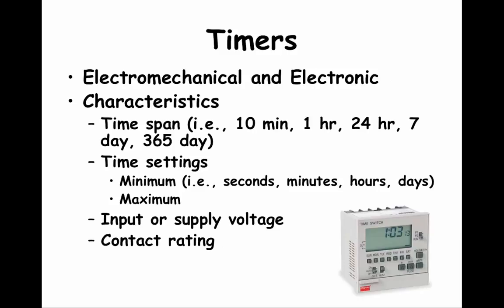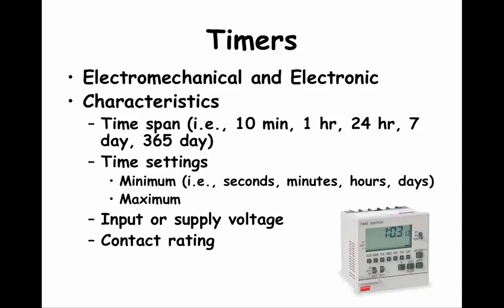The last type of devices that I want to discuss is timers. They come in many different forms. Timers are not actuators in the sense that a relay or solenoid valve is an actuator. Timers send out control signals based on time. There are electromechanical timers and there are electronic timers. The alarm on your alarm clock is an example of a timer.